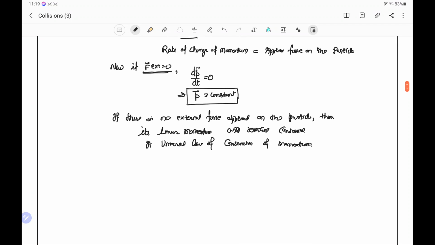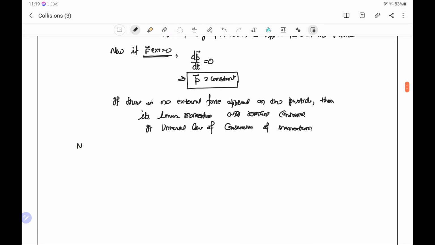Here we make some notes. When we say P total, it is the sum of the momentum of individual particles. Suppose system has n particles, then total momentum of the system will be sum of all individual n momentums.